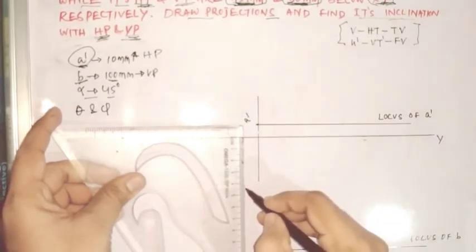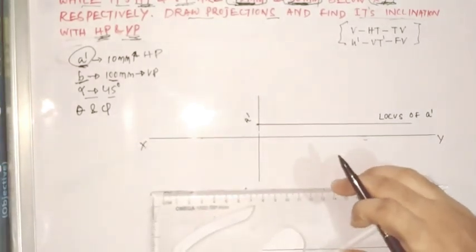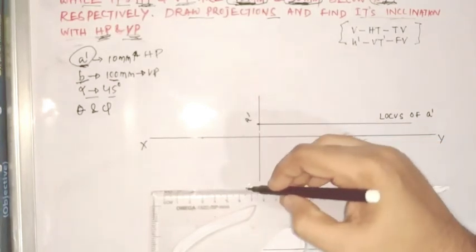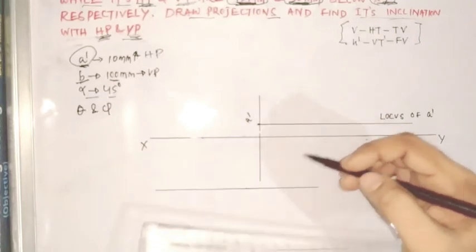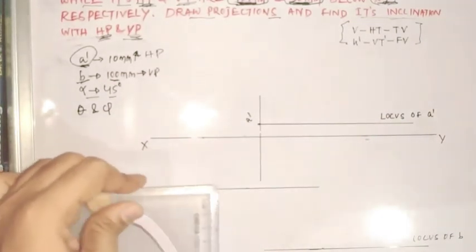So somewhere here I'll be getting that point. So here I'm drawing a horizontal line. So this distance will be your 45 mm. So somewhere in this line I'll be getting the horizontal trace.